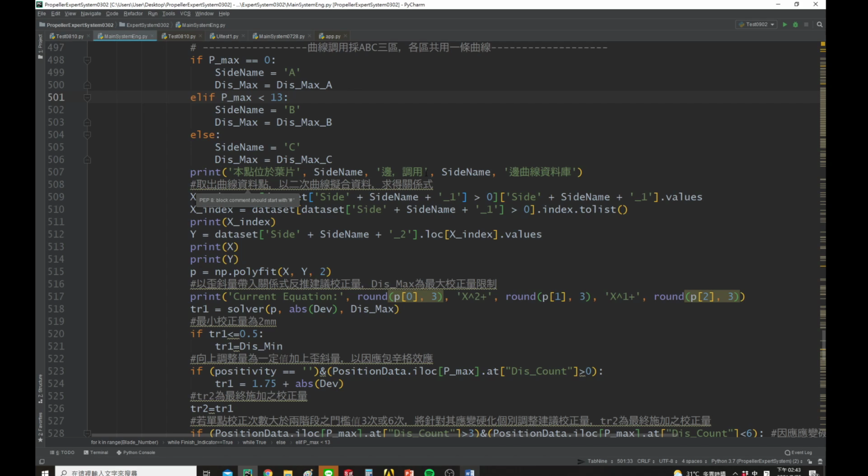And then we need to take out the relationship equation. Here in the curve data CSV file, the columns look like this.